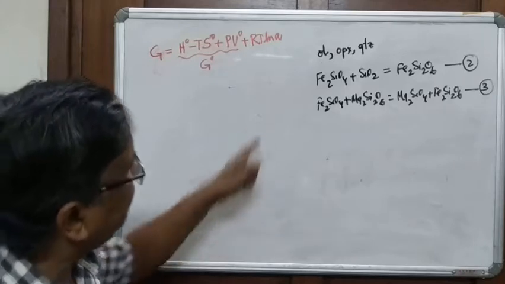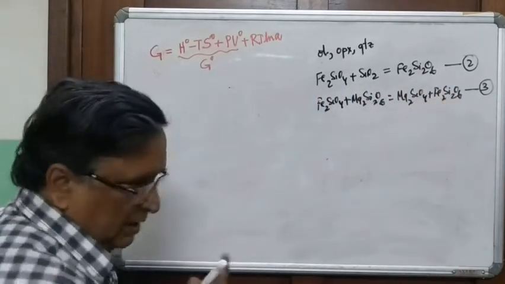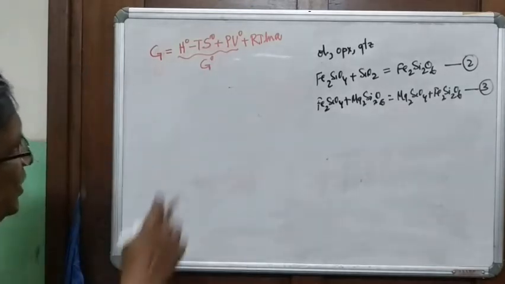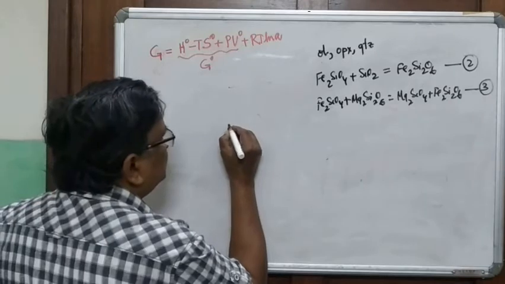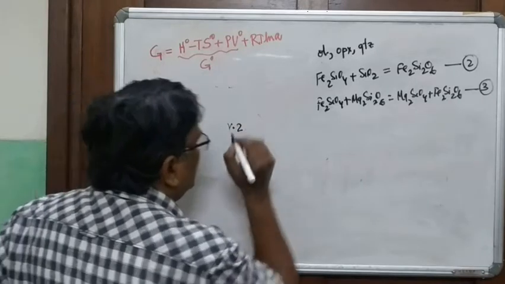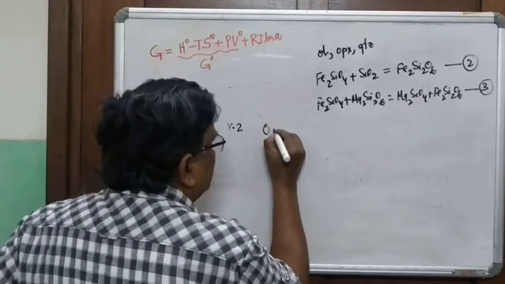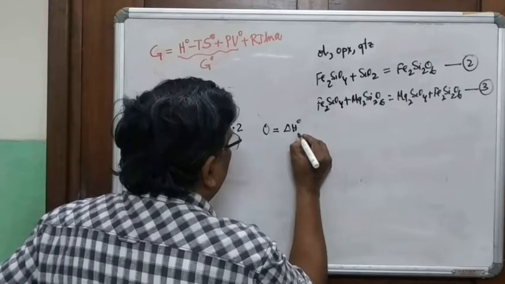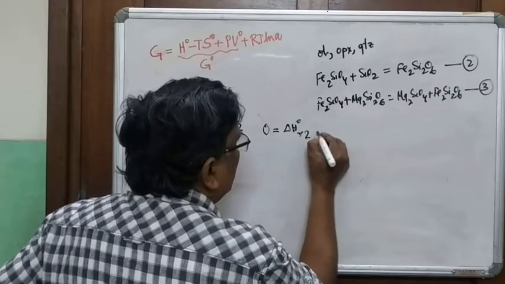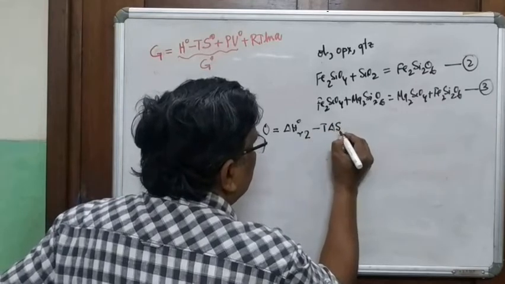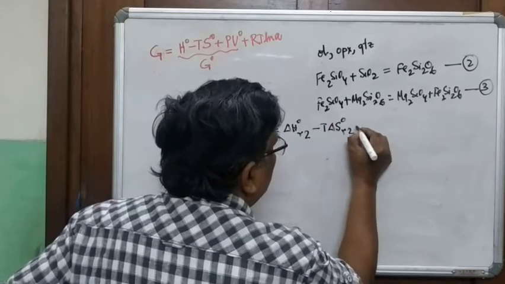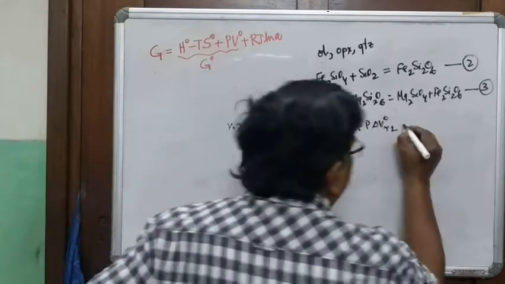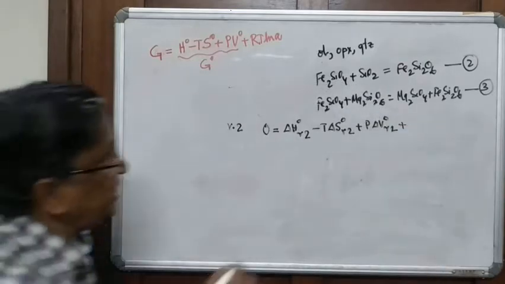If I try to write this reaction, and I remember some lecture before, for reaction 2, I will have 0 is equal to del H0 R2 minus T del S0 R2 plus P delta V0 R2 plus RT ln.